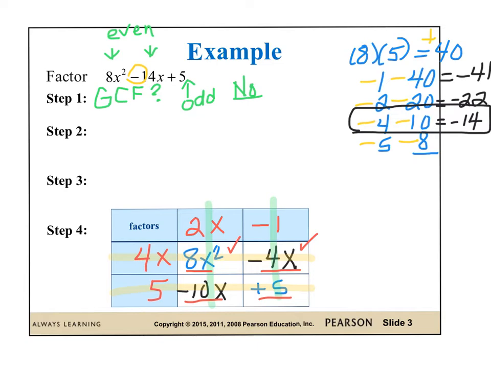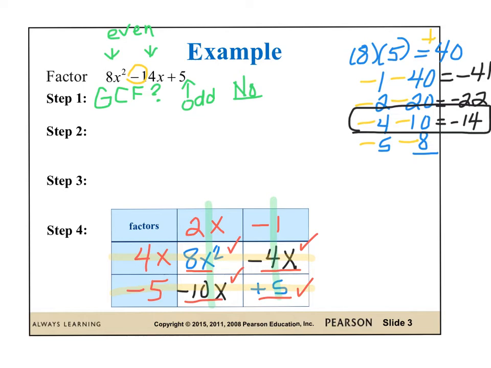Then 5 times 2 will give us 10x with a negative, only if the 5 is the negative factor, because 2x cannot be a negative factor. It would mess up our product that we already checked. And so negative 5 times 2 is negative 10 times x. And then negative 5 times negative 1 is positive 5.